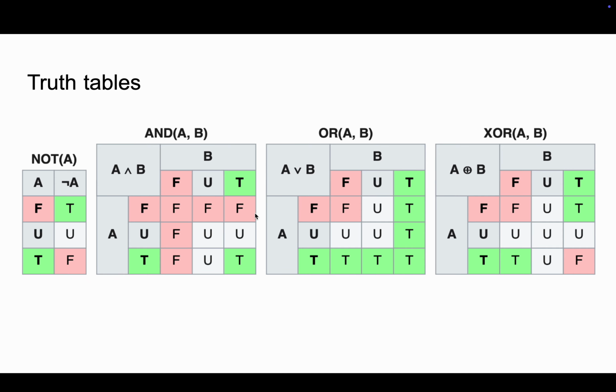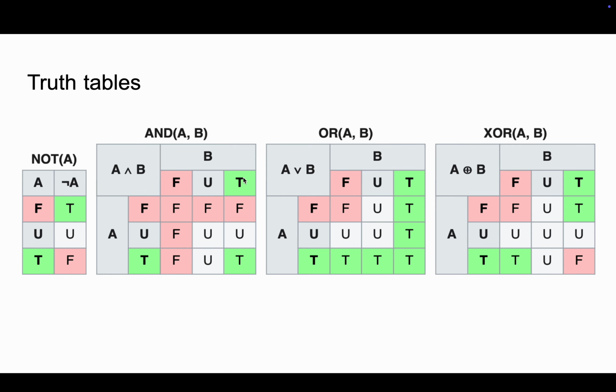For the rest, you can perform it in an iterative manner. Let's take an example here. For A and B to be true, both A and B must be true. If B is false and A is unknown, both A and B can no longer be true. Therefore, it's false.